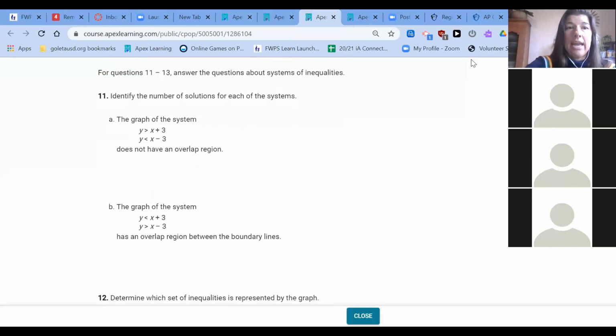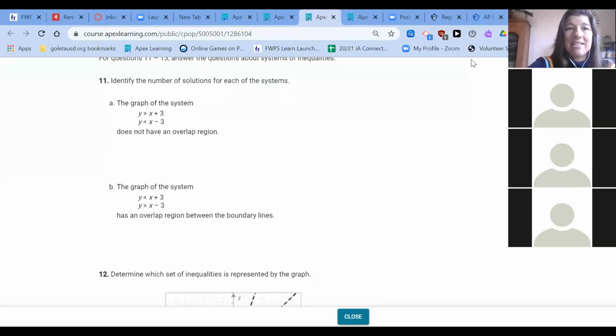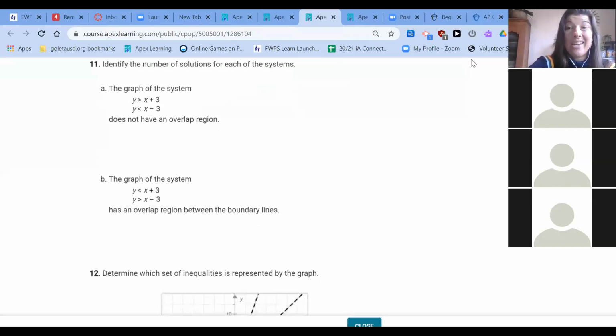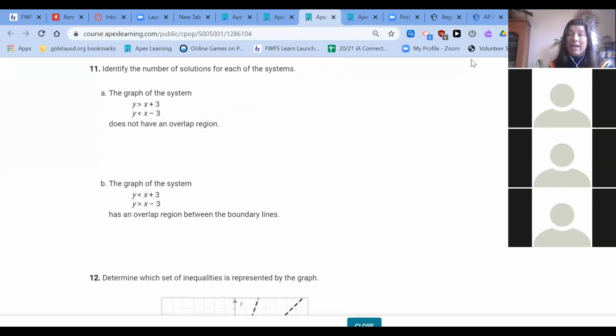Okay, let's look at number 11. So now we're getting into systems of inequalities. So this was when we had an entire half of a graph, and we want to know where the inequalities overlap, because that represents the solutions to the entire system of inequalities. So let's look at 11.